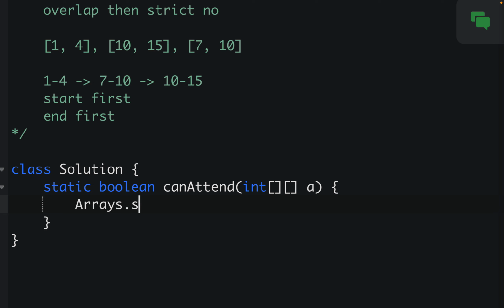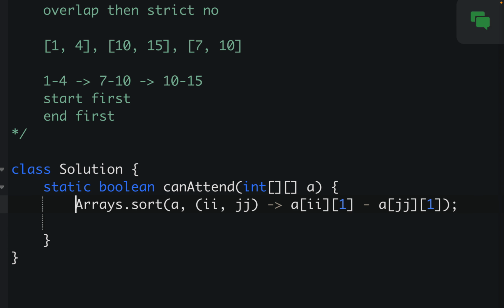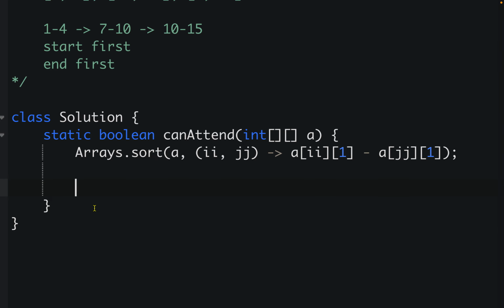So Arrays.sort on this array A, where if I'm having two indices II and JJ, I want A of II of 1 minus A of JJ of 1. So this is sorted ascendingly with respect to the ending times, and I would have a variable last.